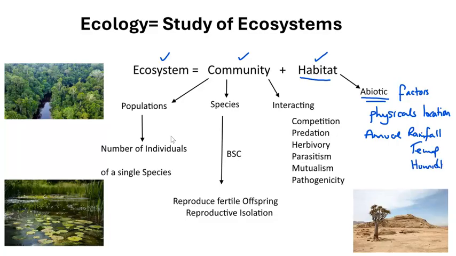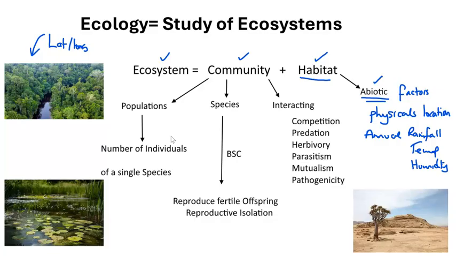So to give this some kind of context, there could be a record of the annual rainfall, or we could have a record of annual temperatures or humidity. Any physical factor that can be measured can be part of the habitat description.